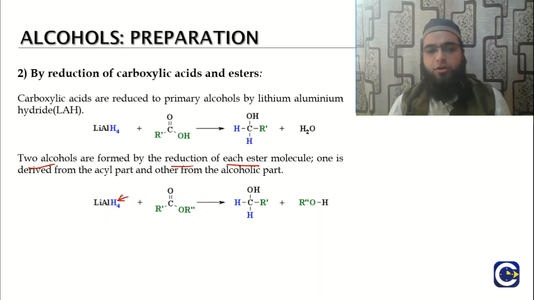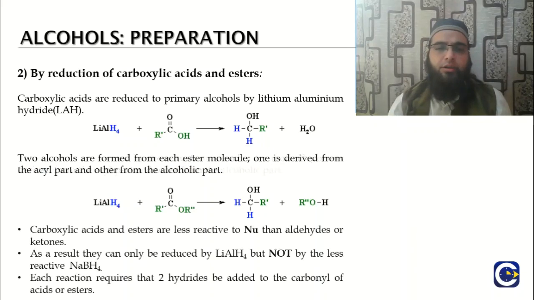We are using the strong reducing agent again, and we have to remember that esters and carboxylic acids are less reactive towards nucleophiles than aldehydes and ketones. So we only use a strong reducing agent in these cases. We cannot even use sodium borohydride for the reduction.